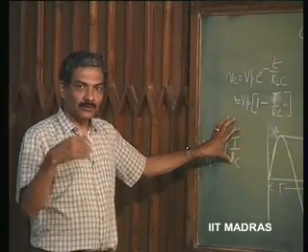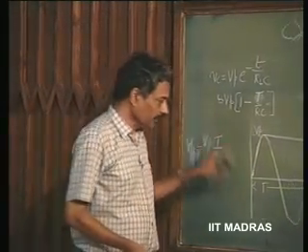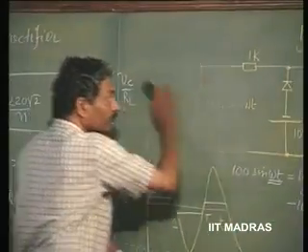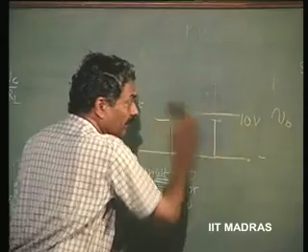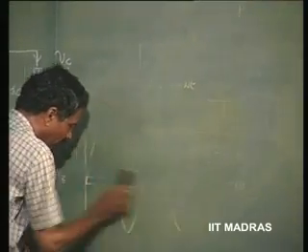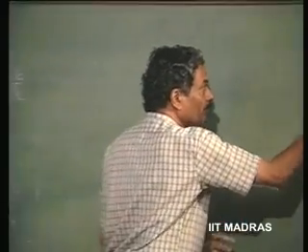I would like to give a problem at this stage, problem 3. Find out the RMS value of the ripple voltage when it is a triangular waveform, given that the peak to peak value is V p into T by R c.